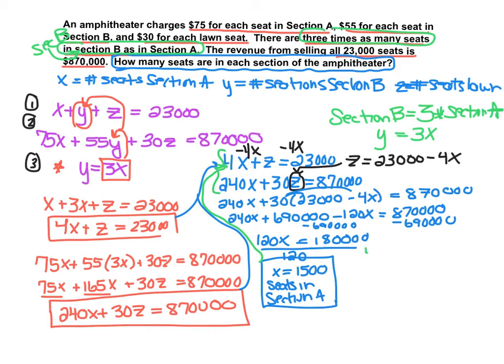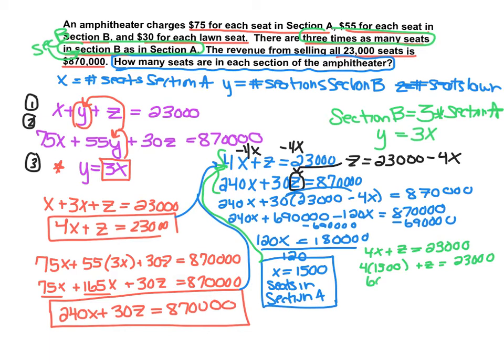And I'm going to use that simpler equation. So I have 4x plus z is equal to 23,000. Well, I have 4 times 1500 plus z is equal to 23,000.